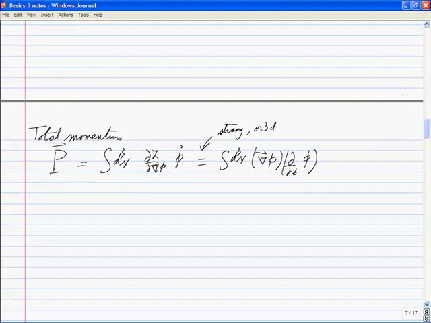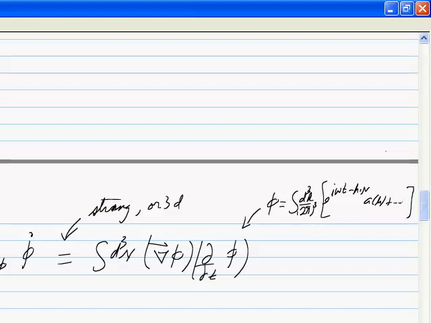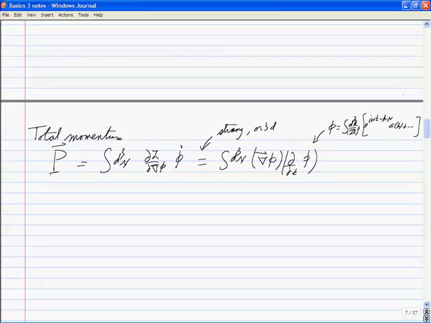Okay, and now I can calculate that. So I plug in phi as the integral d3k, e to the I omega t minus k dot x, a, etc. So you've got d3k, a d3k prime from the other one, a gradient that brings down a k, and a d by dt that brings down an omega.